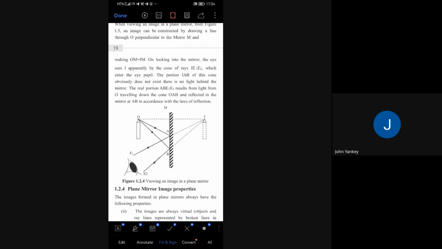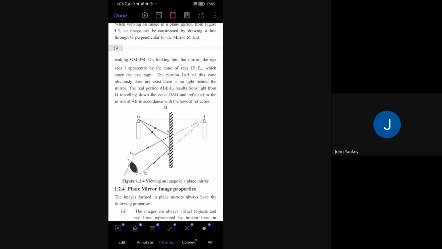Now, the mirror will also reflect the light towards the eye, but these reflected rays towards the eye are diverging, they are spreading out. When you produce these two rays behind the mirror, they appear to be coming from point I behind the mirror, and that is where the image of the object is formed.